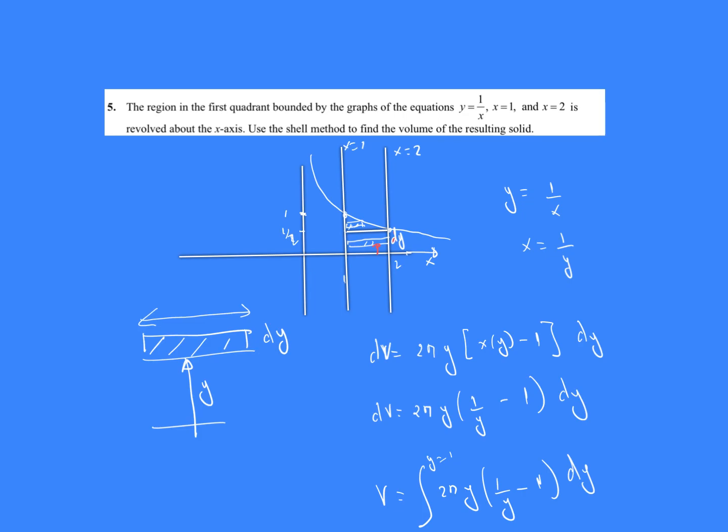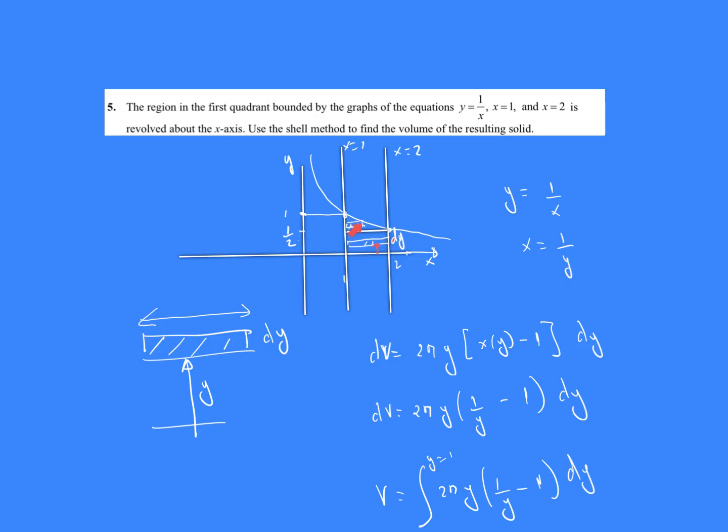And what is this length? It depends on where you are, at what y you are, at what height you are. If you are below 1/2, because when x equals 2, y is 1/2. If you are between 1/2 and 1, the length is different than here.